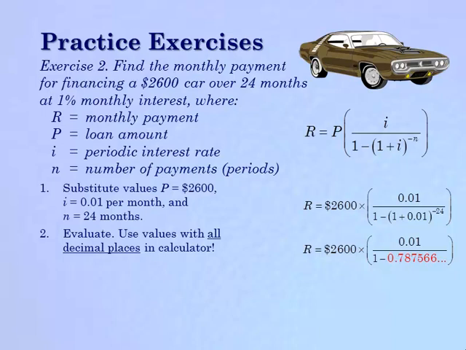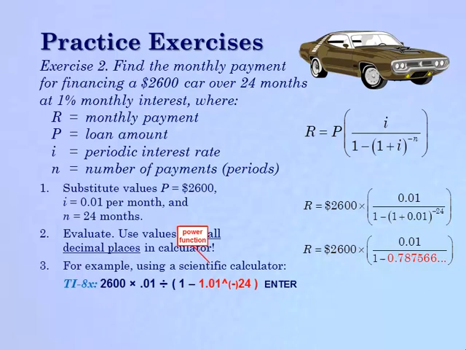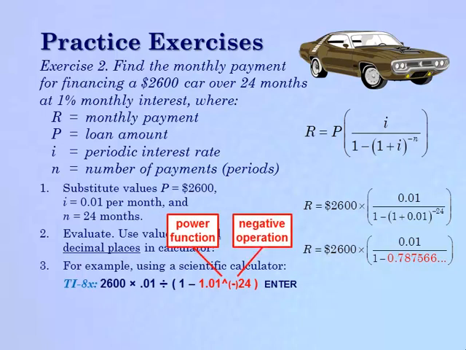To do that with a scientific calculator, with a TI-80 series, for example, we'll multiply 2,600 times 0.01 divided by, now we need the denominator, and I'm going to do the math in my head for what's in the parentheses and call that 1 plus 0.01, which is really 1.01, and we need to raise that to the negative 24 power.